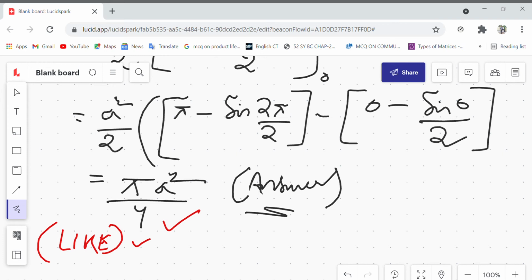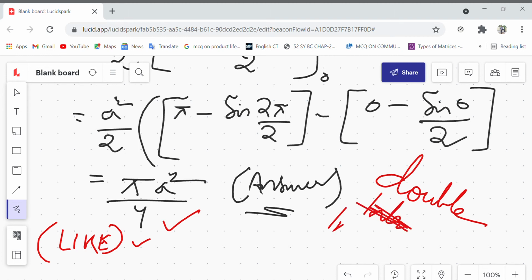So this was all about your double integration tricks. Sorry, I wrote it wrong, integration. So now let's move to triple integration.